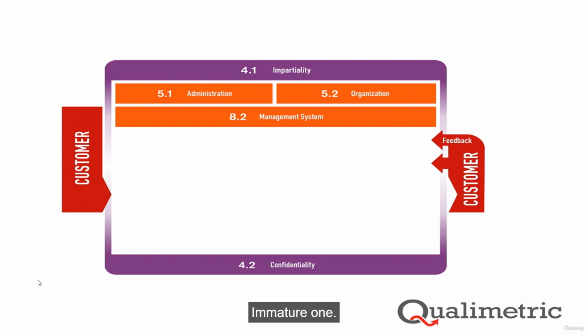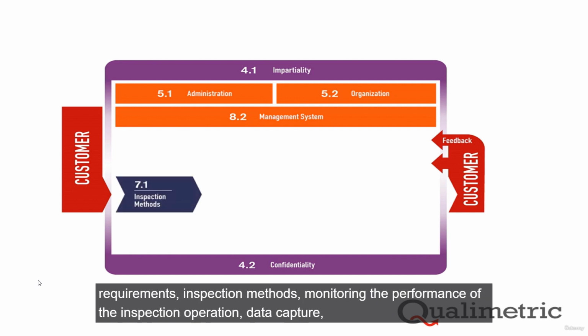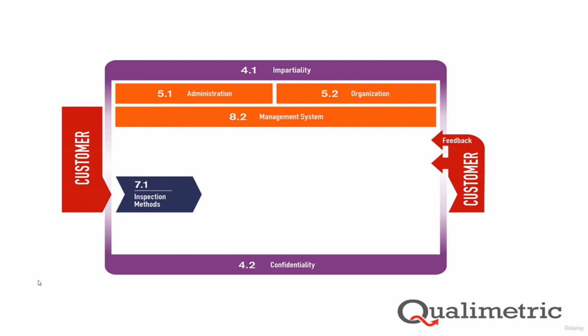In Module 1, we discuss the core business process. These are addressed in the standard commencing with clause 7.1, which covers the review of the customer requirements, inspection methods, monitoring the performance of the inspection operation, data capture, checking, and touches on safety.